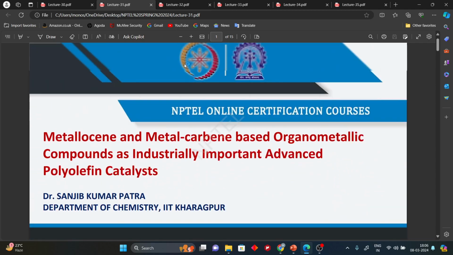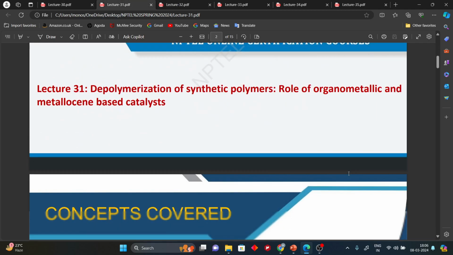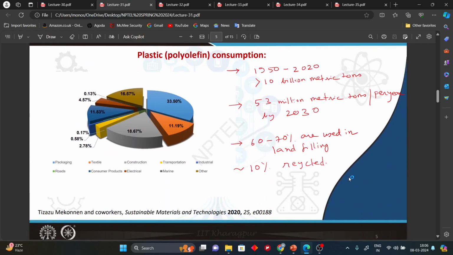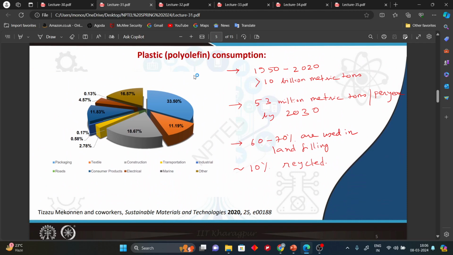There it is, slide 31. It's explained that plastic or films, this kind of polymer, their consumption from 1950 to 2020 is almost 10 billion metric tons.